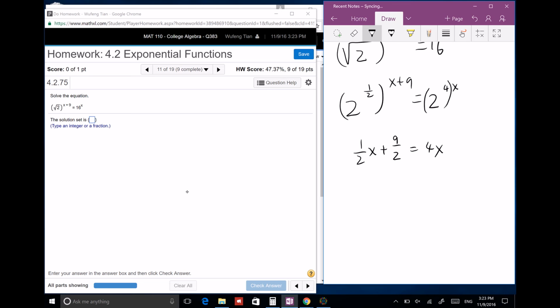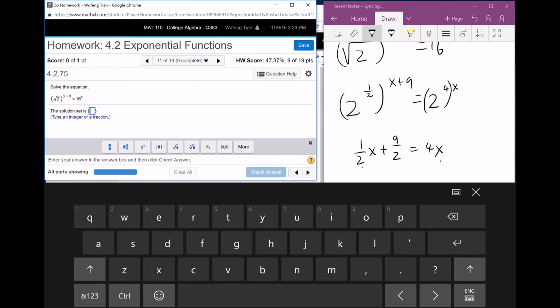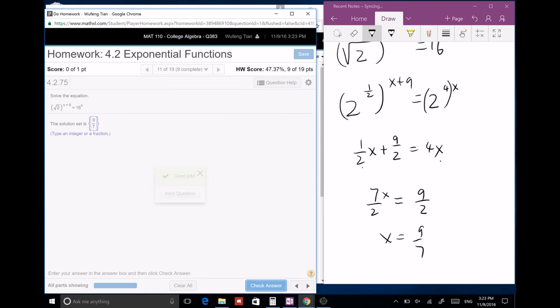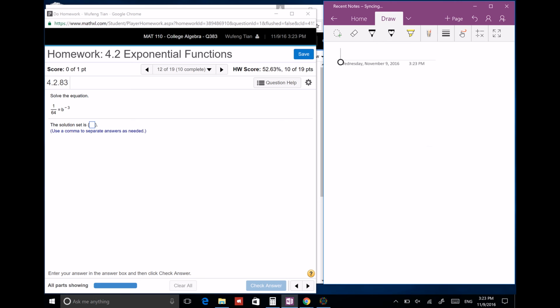Shift to the other side: 7x over 2 equals 9 over 2, so x equals 9 over 7. Alright, so 1 over 16 equals 1 over b cubed, and b equals 4.